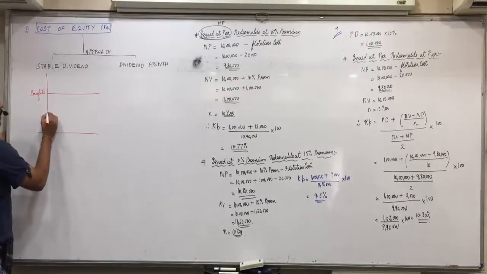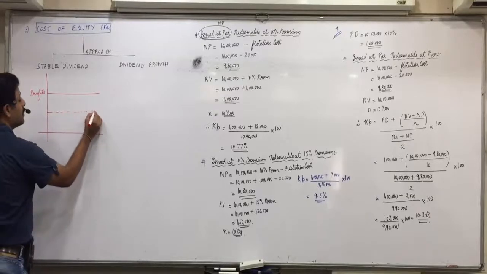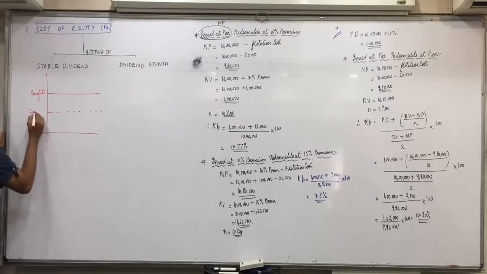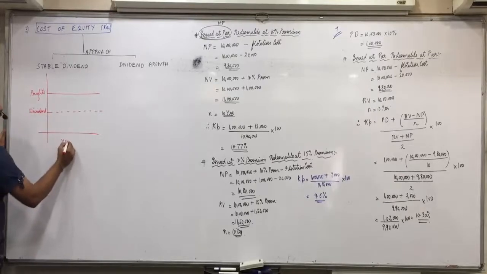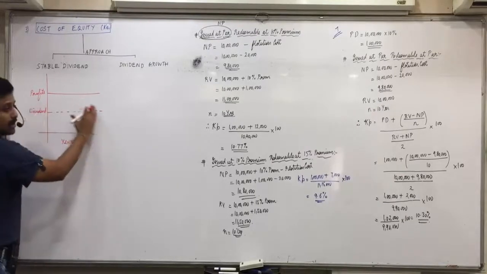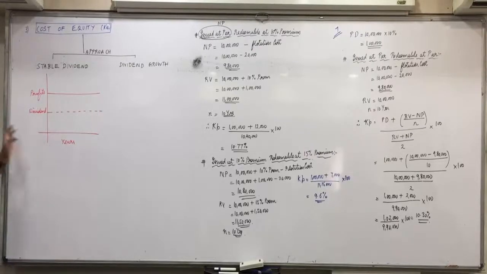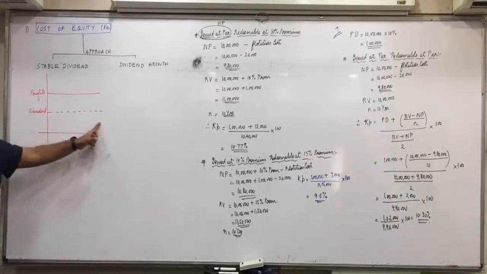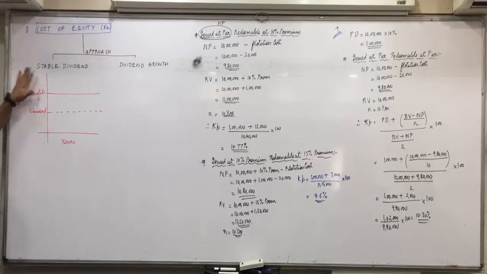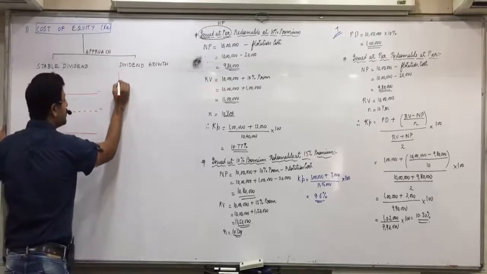So the part that company will give as dividend will also remain stable. Okay, as the company is expecting constant profits year after year, so year after year in future the dividends will also remain stable. This is one approach.